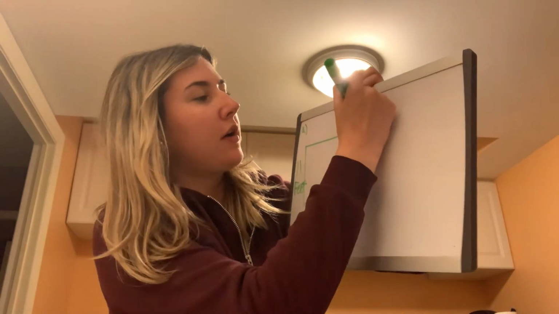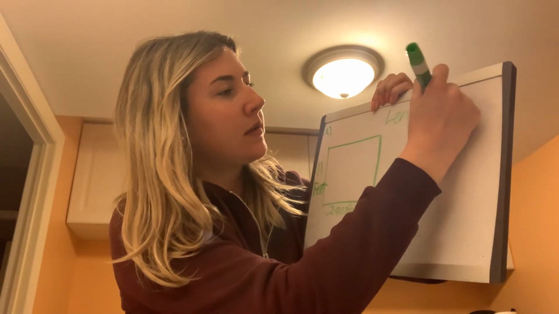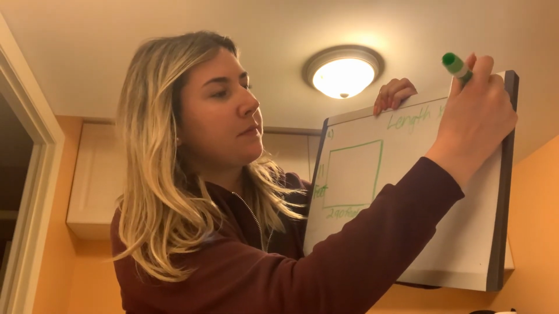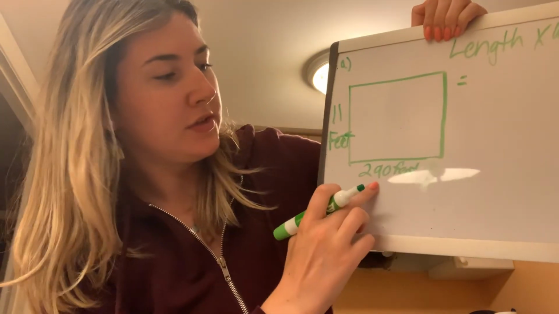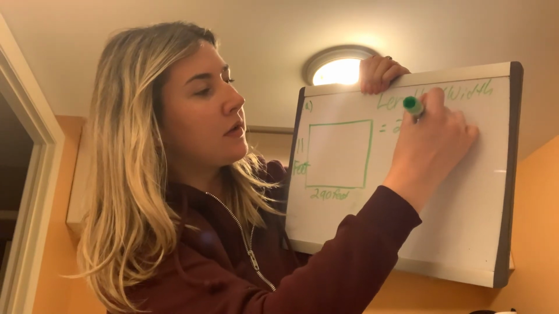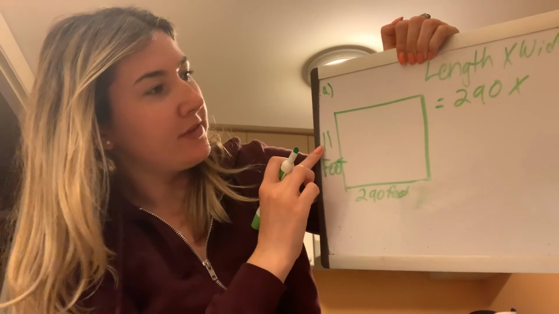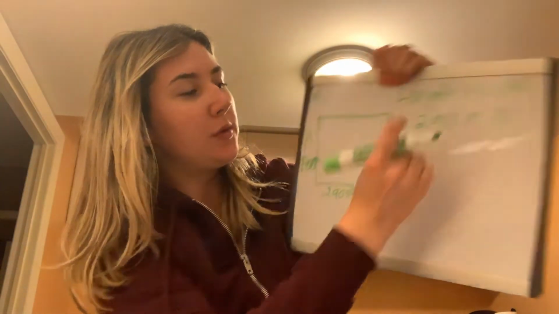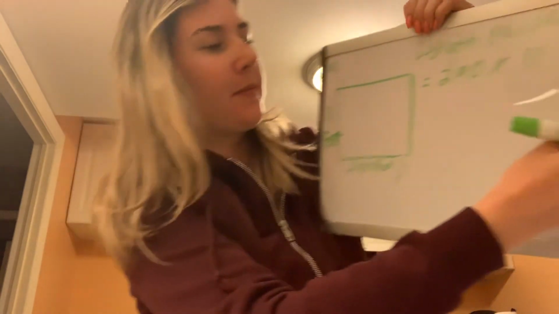So let's remember our formula. We have length times width, and our length is 290 feet, and our width or height is 11 feet. So we need to multiply 290 times 11.